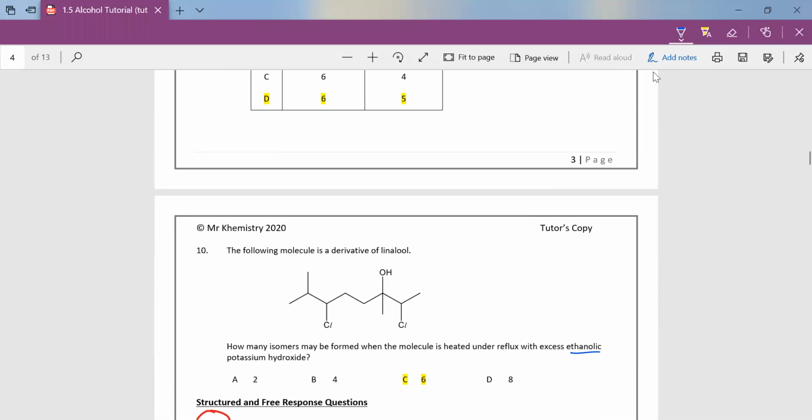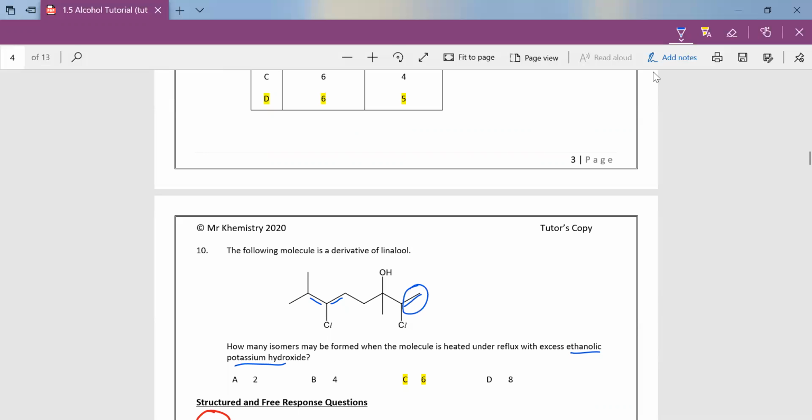Last question: you use ethanolic KOH, you will form a double bond here, and a double bond here. That's it. How many isomers?